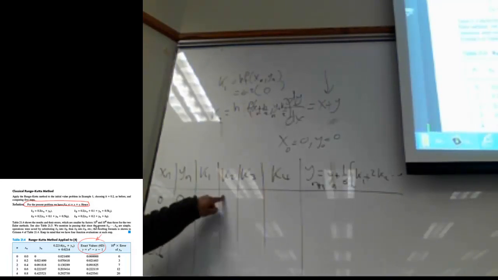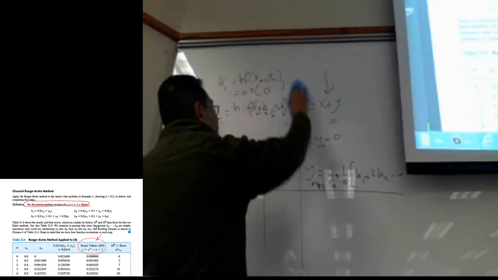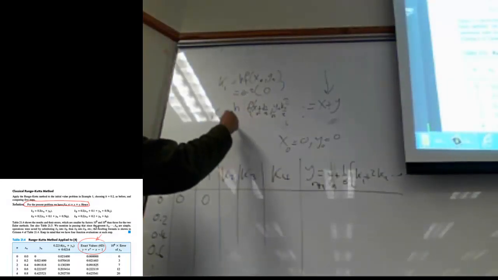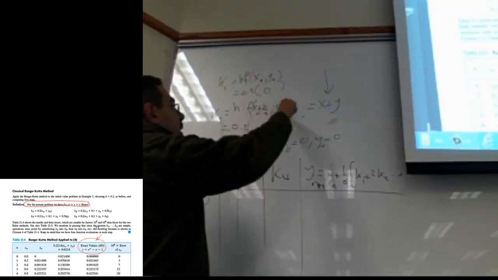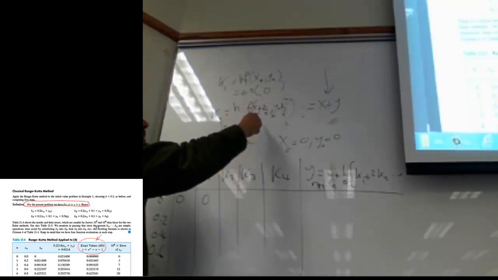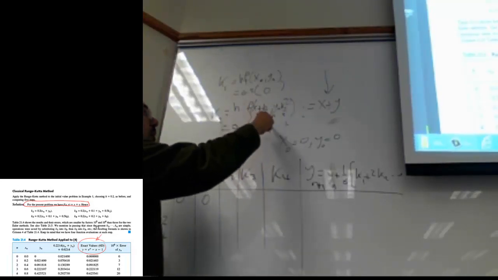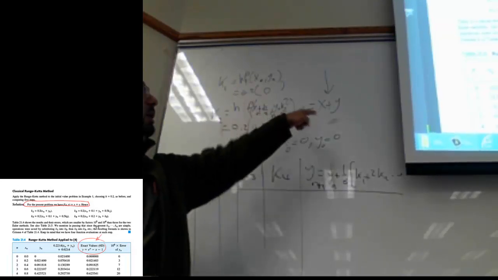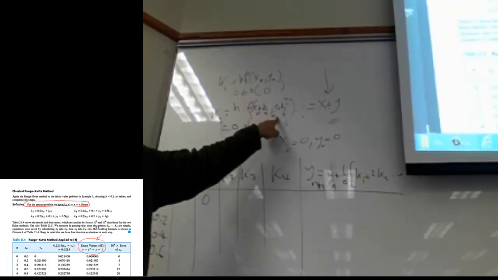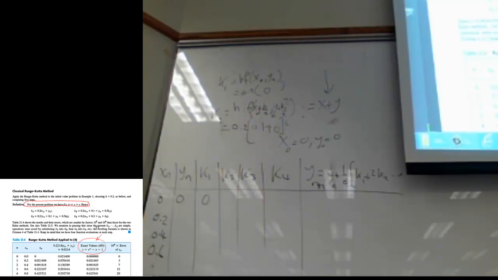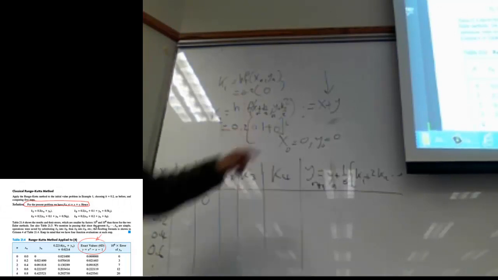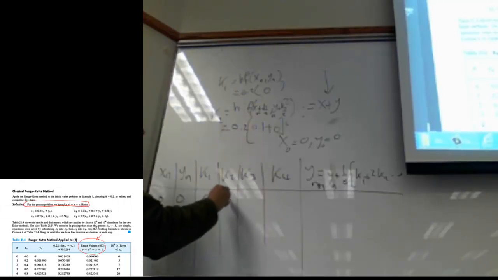So you just substitute, h is 0.2. What is the function now of xn plus h over 2? That's 0 plus 0.1, that's 0.1, plus yn plus k1 over 2. Y is 0, k1 is 0. So I'm just substituting. I don't even care what it is. I just substitute and get the number. So that makes it 0.1 plus 0 multiplied by 0.2, that's 0.02.